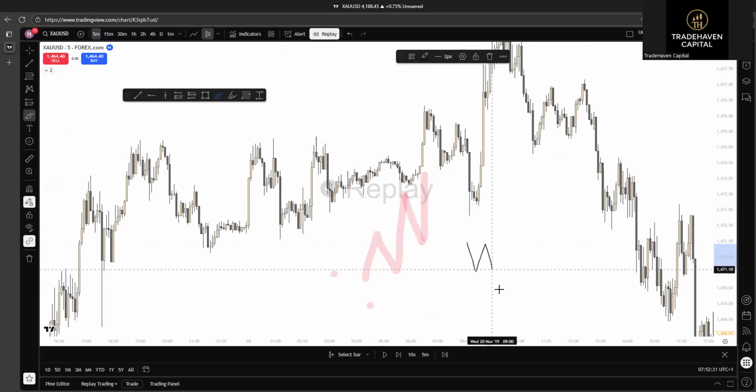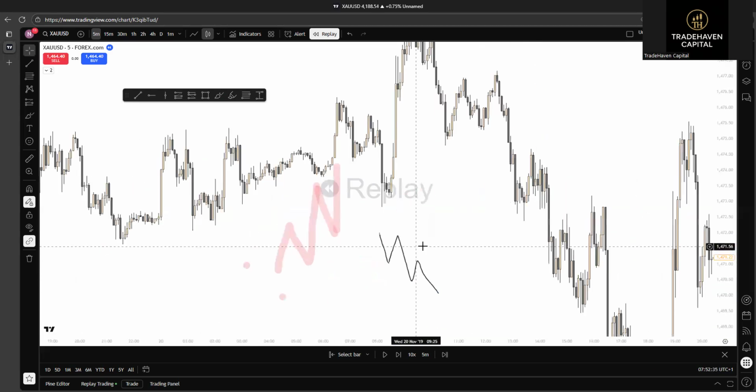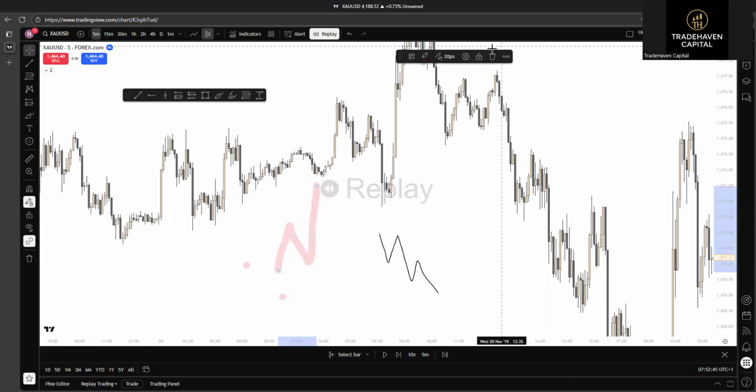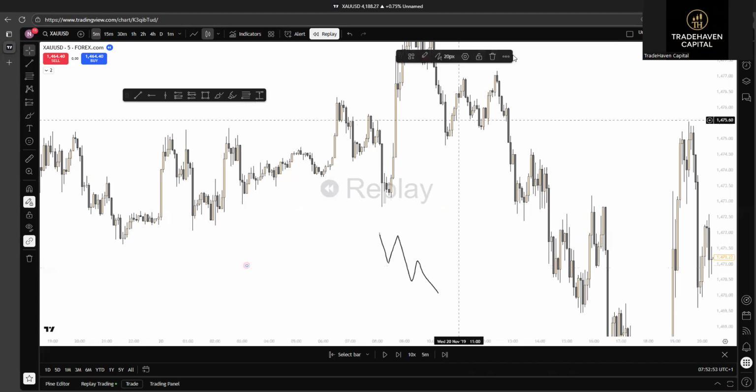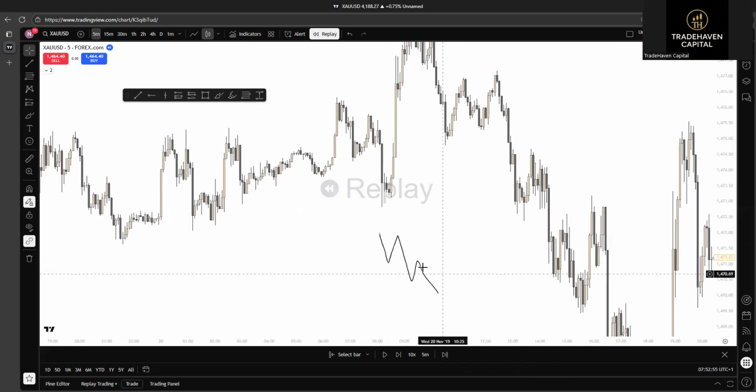So in market structures, price creates lower lows and lower highs, and on the opposite, the bullish direction, price creates higher highs and higher lows. All right, so this is the basics of market structure.